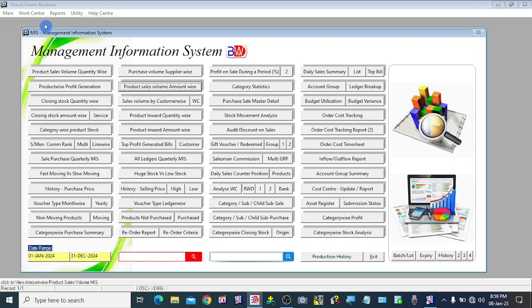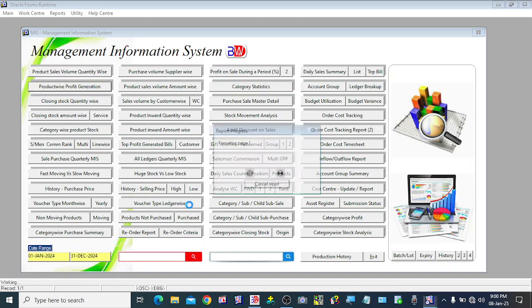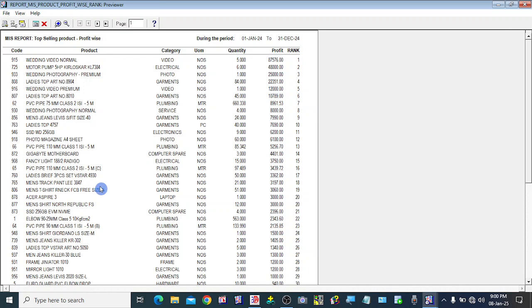Which product is my top profit generated product? After entering the date range, by clicking this product wise profit generation button, here we can see against each product how much profit we have generated during the year or date range we have selected.